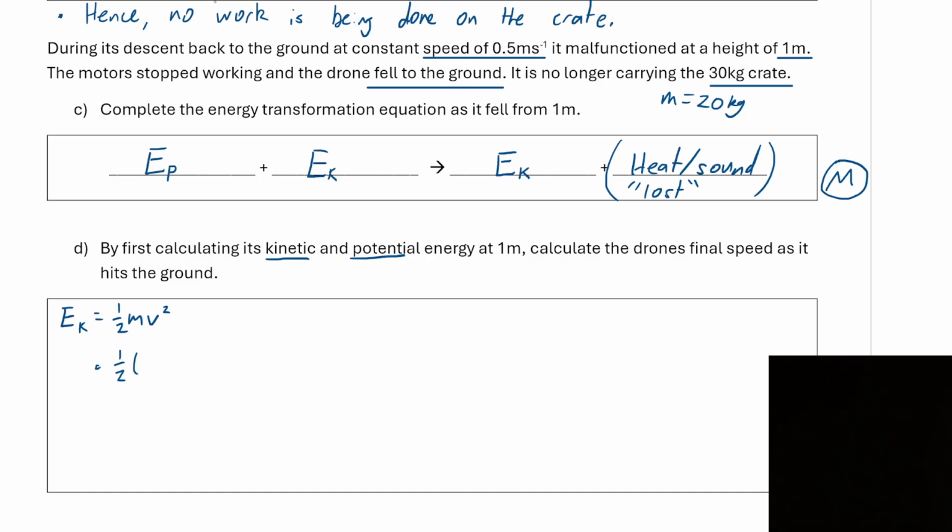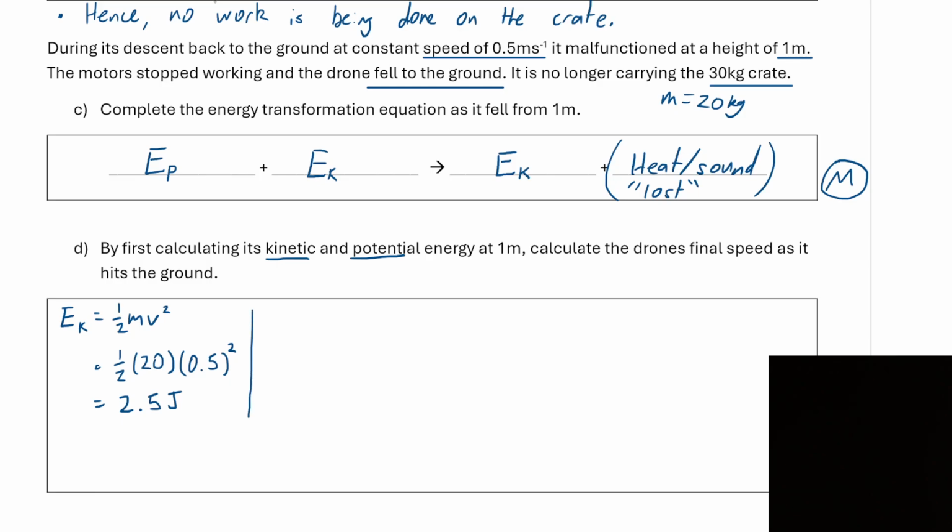Just reading the question, it's changed to 20, so it's dropped off the 30 kg crate. The speed is 0.5, and don't forget to square it. Very easy mistake, happens all the time, don't let it be you. And if you punch that in on your calculator, you should get 2.5 joules.